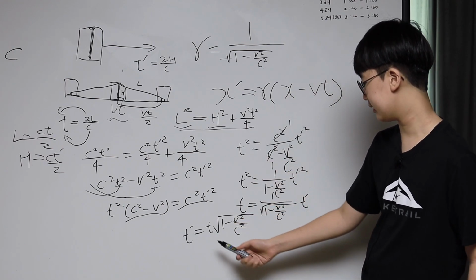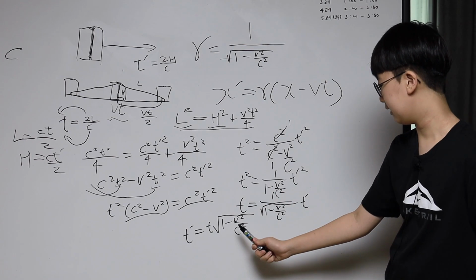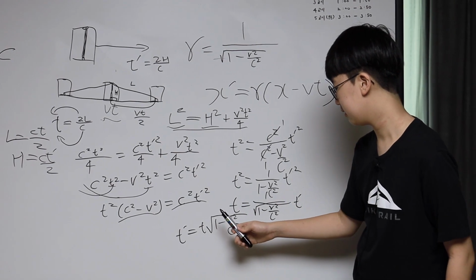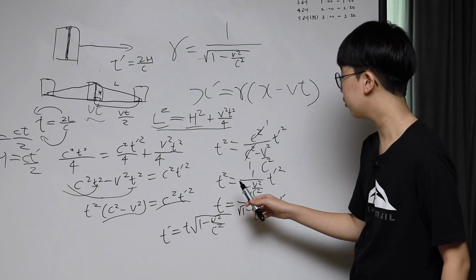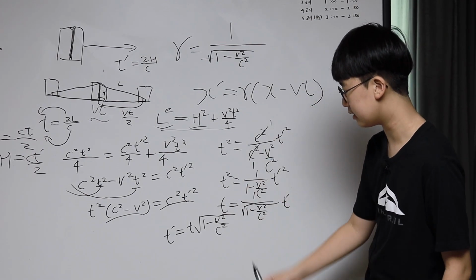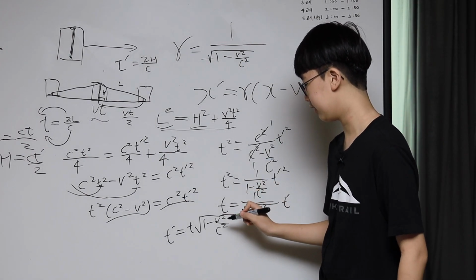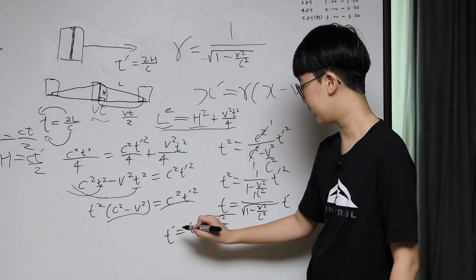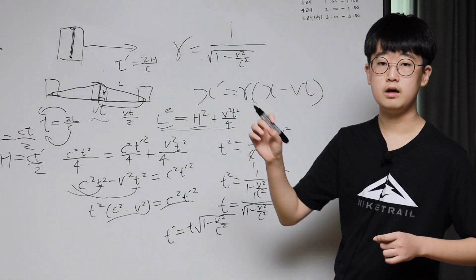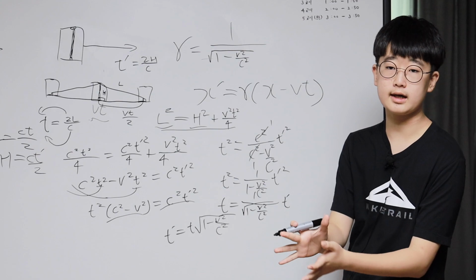So you can see that if v increases, the time of the moving perspective also gets contracted.